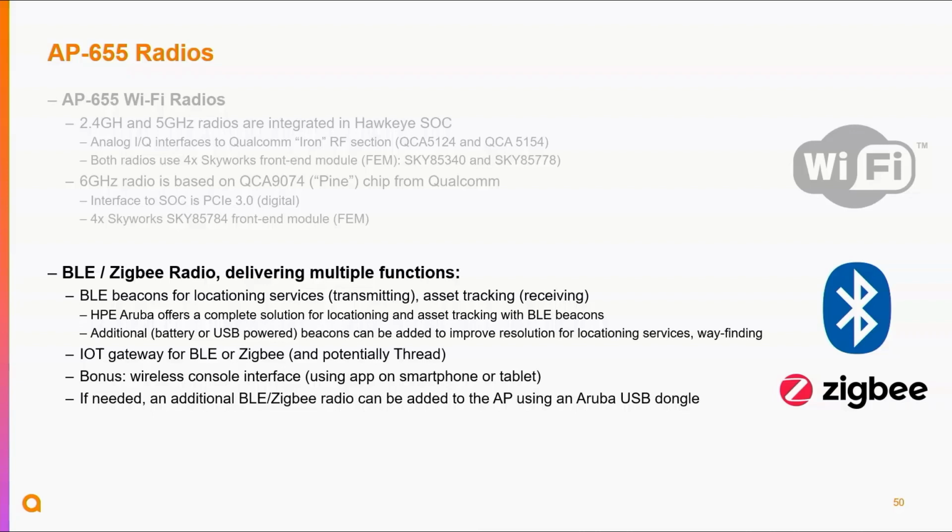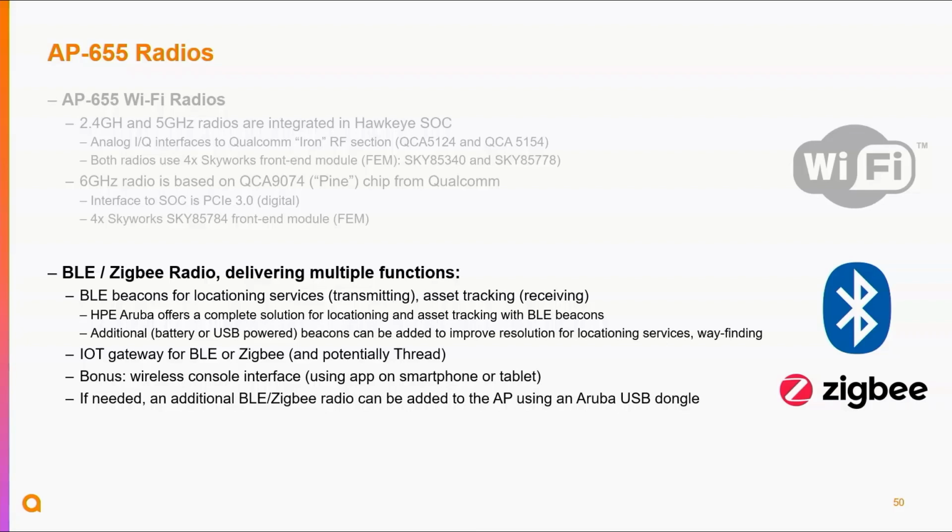Question: I know it probably doesn't, but does the PCIe interface affect the latency on the 6 gig radio in any way? Because the other two are integrated into the chip, whereas for the other one you have to go through PCIe logic to get to it.